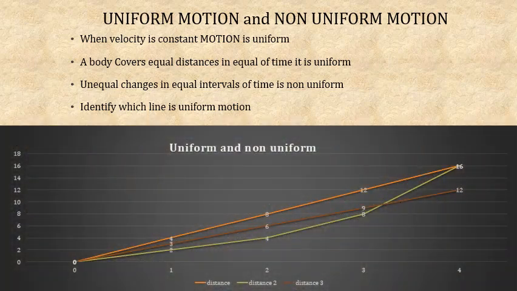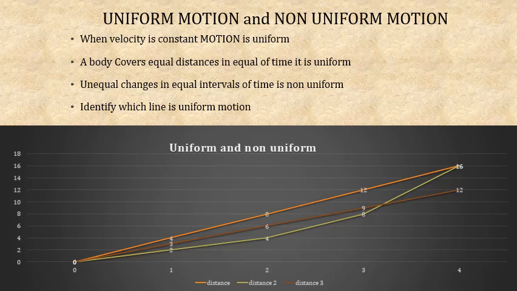Here, if you observe the three straight lines, two of them move from the origin making an angle theta and move in straight lines, but the third one moves in a different direction. Time is on the x-axis and distance is on the y-axis. Which ones are uniform, that is, which lines have equal changes?